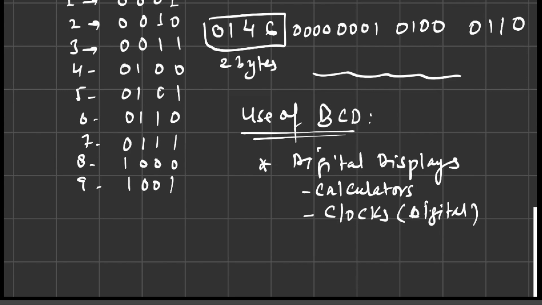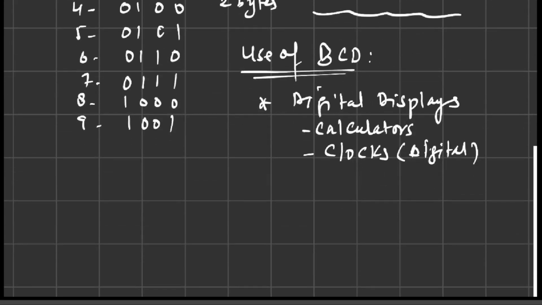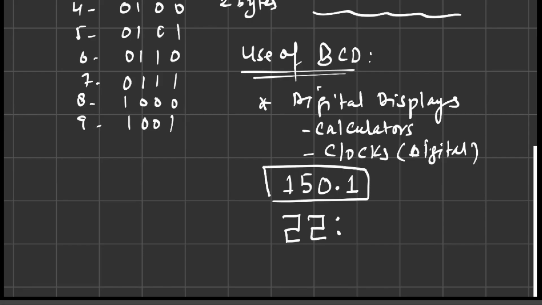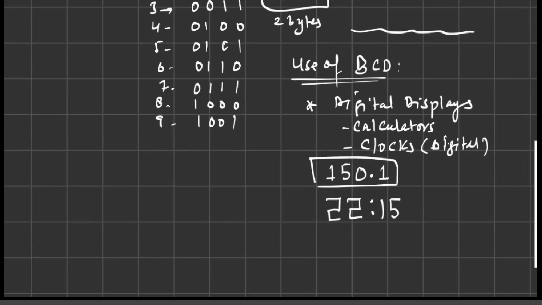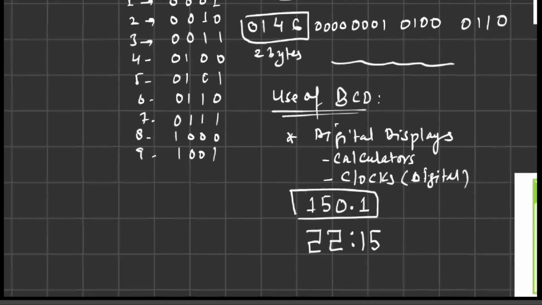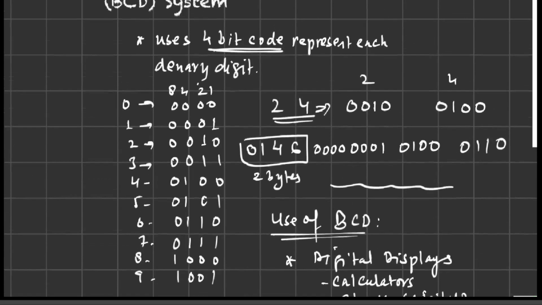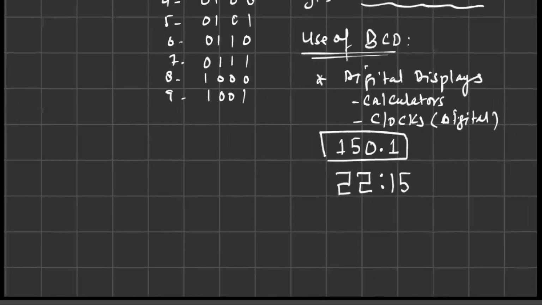To represent each digit separately, like in the calculator or the clock, the numbers can be represented like 150.1. This can be the calculator display, and the clock can also be displayed like 2, 2, 1, 5. So these kinds of displays are basically done with the help of binary coded decimal.